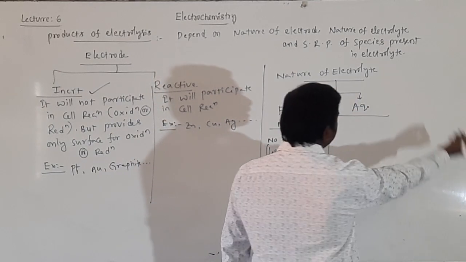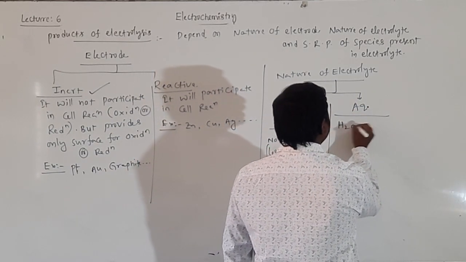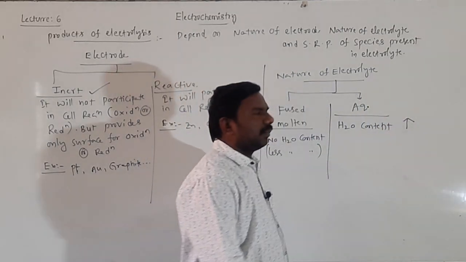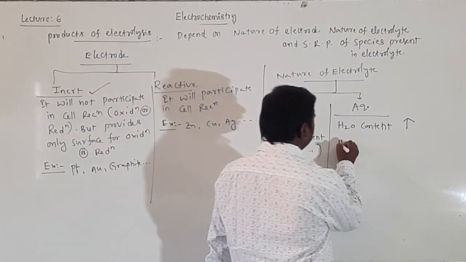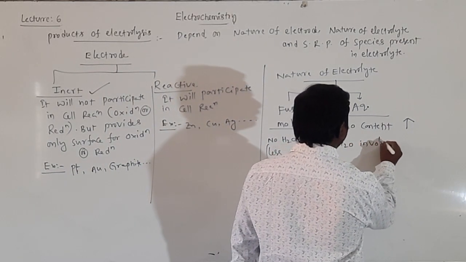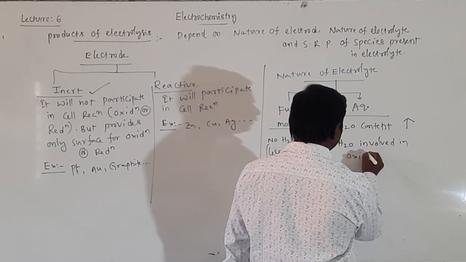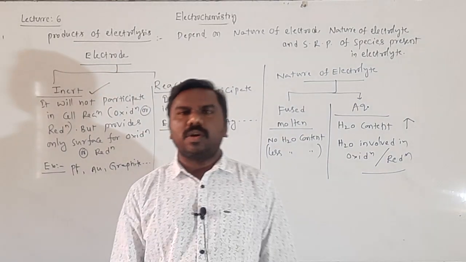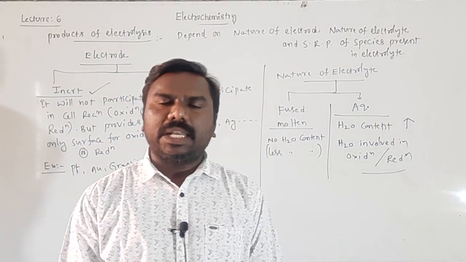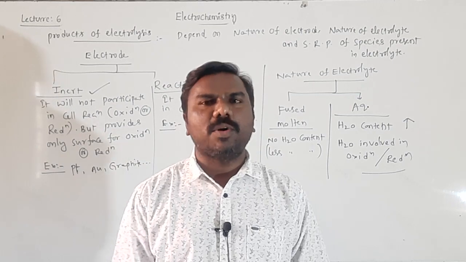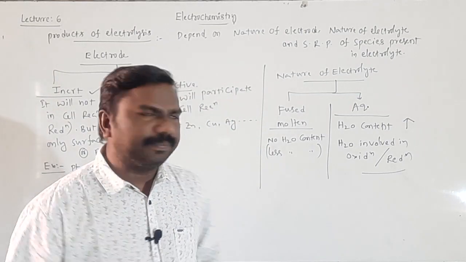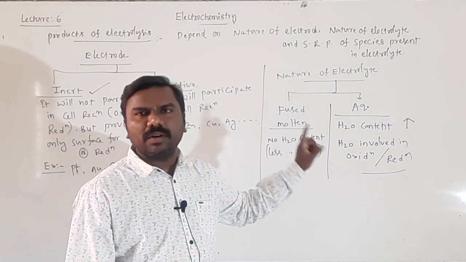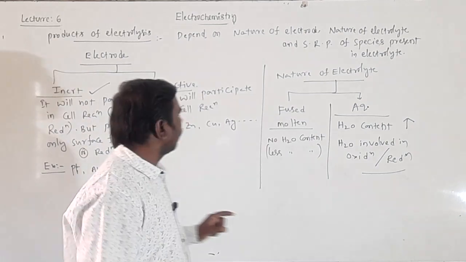Next, aqueous means water content is very high. So water can be involved in oxidation at the anode, or in reduction at the cathode. Students, you just observe. If the electrolyte is fused, there is no water, only the electrolyte is involved in oxidation or reduction.